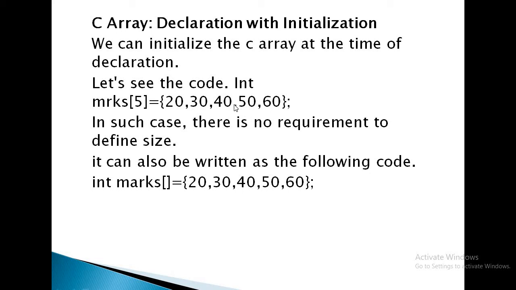Within curly braces we are declaring the data: 20, 30, 40, 50, and 60. There is no requirement to define the size because the size has already been defined here. It can also be written as the following code: int marks[] = {20, 30, 40, 50, 60}. That means the size of the array is 5.